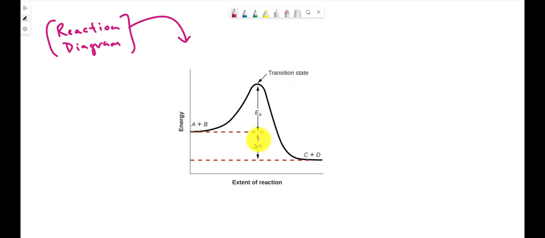And so what's interesting is if we have this reaction that in this case is a really simple idea, or the generic idea of A plus B makes C plus D as the products. We have A and B over here. This is the energy of these two reactants when they haven't been mixed.